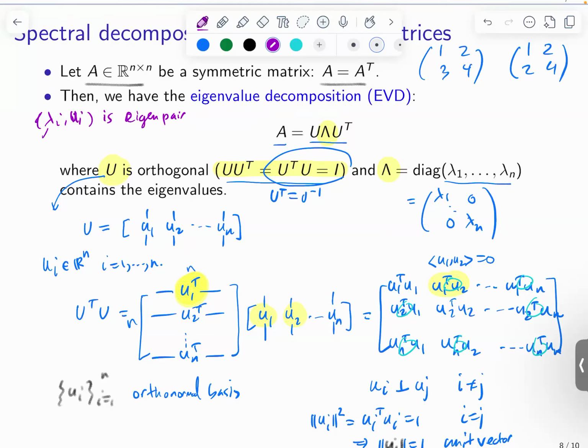So lambda_i is an eigenvalue of A, and u_i is the corresponding eigenvector. That's why it's called eigenvalue decomposition. So people have seen eigenvalues and eigenvectors.